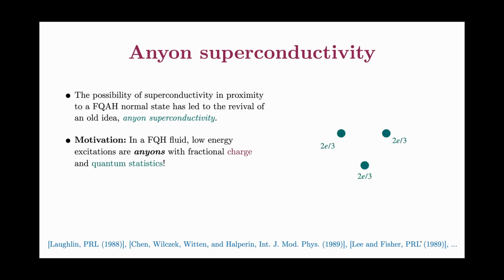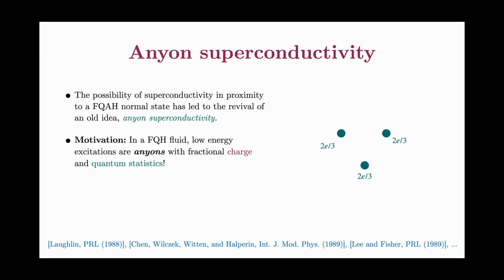And the basic premise of anyon superconductivity is that, okay, I take a fractional quantum Hall liquid, I dope electrons into it. Those electrons are going to fractionalize into a bunch of anyons with fractions of the electric charge and fractional statistics.